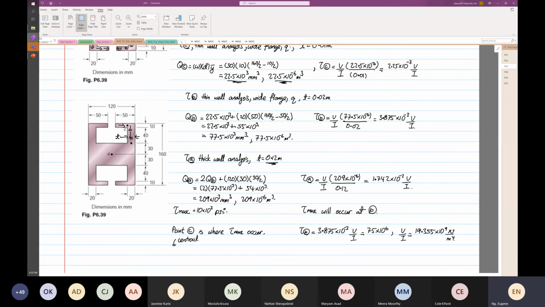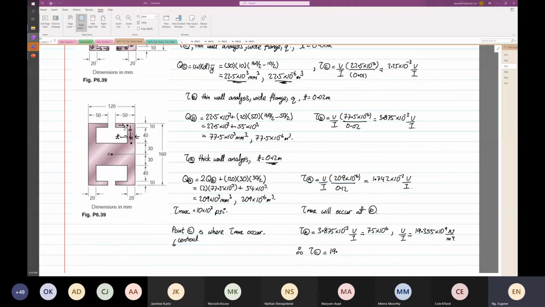From here, you can immediately find the shear stress at point C. It's just a matter of substitution, because rule number 1 is V over I is constant everywhere, yes or no?